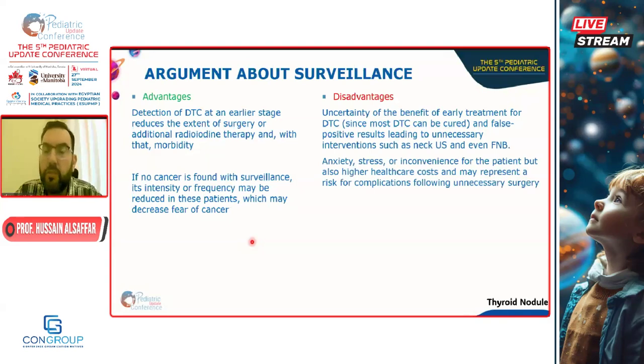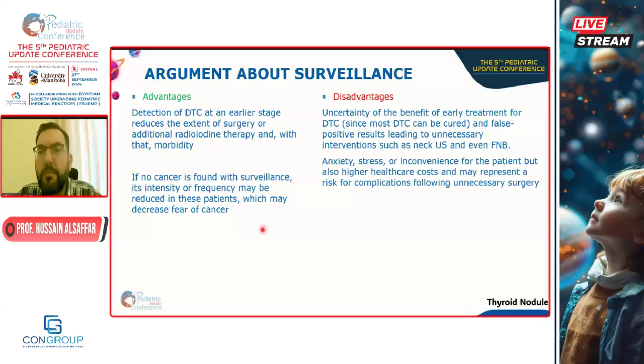And that will induce anxiety among the patients and their parents, more stress, more inconvenience, and higher healthcare costs. And especially we are talking about the health economy. So there will be lots of waste of resources that could arise from this surveillance.